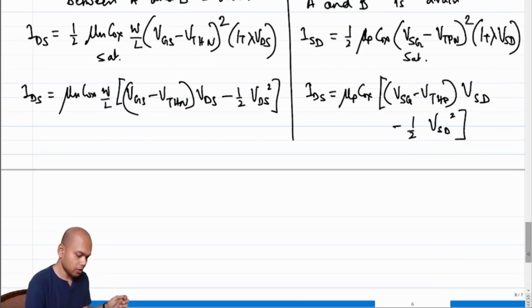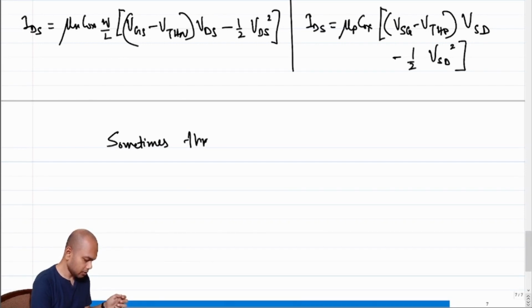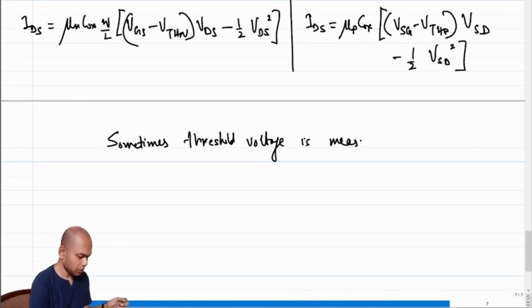So sometimes threshold voltage is measured with respect to VGS and not VSG.